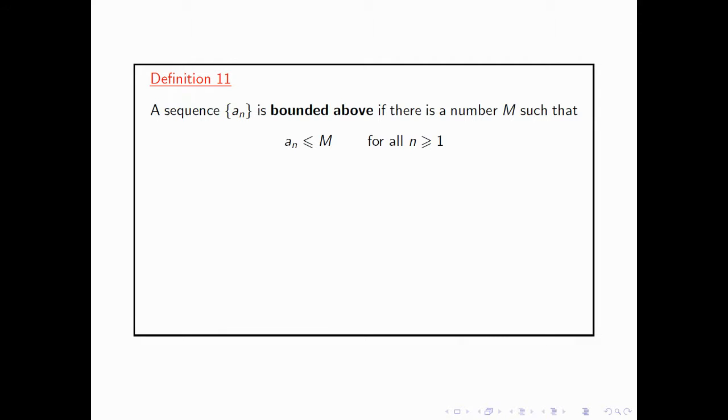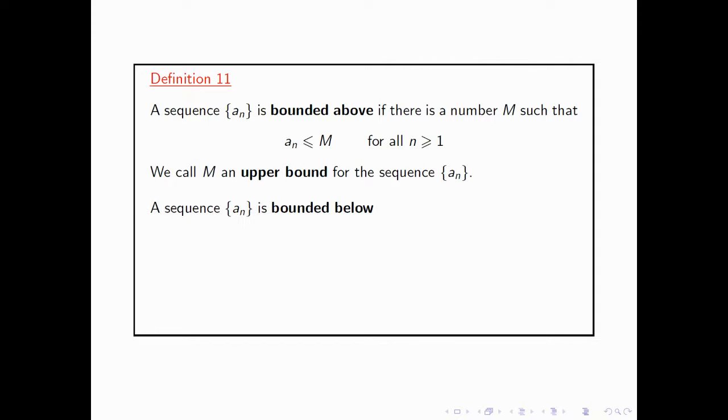And so because every value that the sequence reaches is less than or equal to capital M, we call capital M an upper bound, right? And we say the sequence is bounded above. M is an upper bound. In a similar way, if there's a number such that all elements in the sequence are greater than or equal to that number, now I'm using the symbol lowercase m, right?